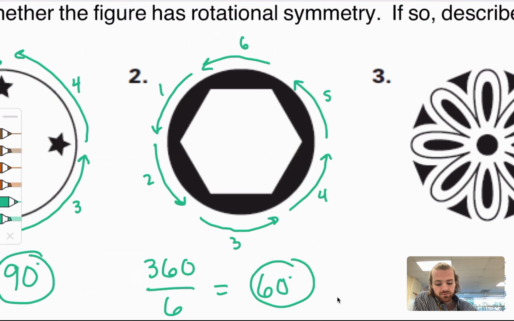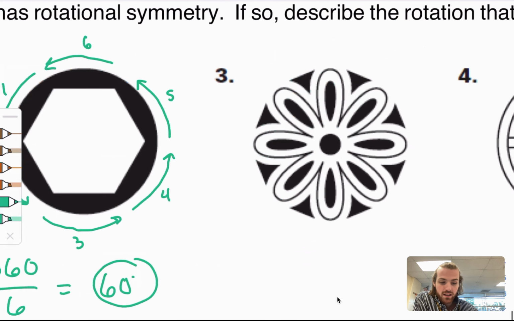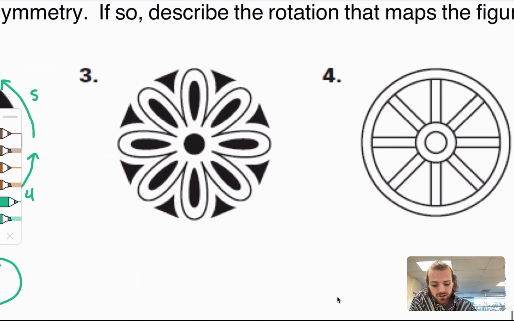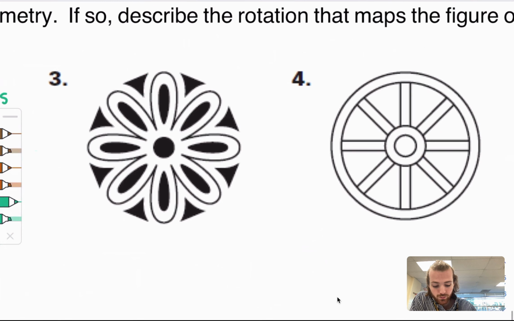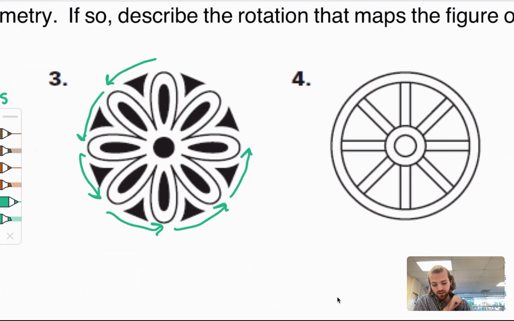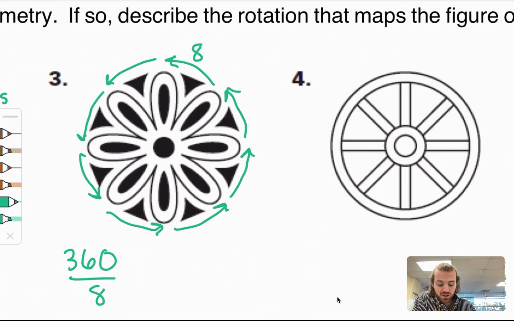The next one, we have this flower-looking thing. We can go once, twice, thrice, 4, 5, 6, 7, 8. So we have 8 total rotations that will work. So 360 divided by 8. You can type this in a calculator, you can do long division.